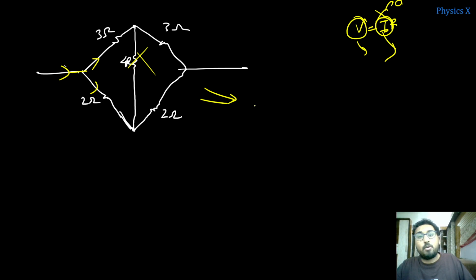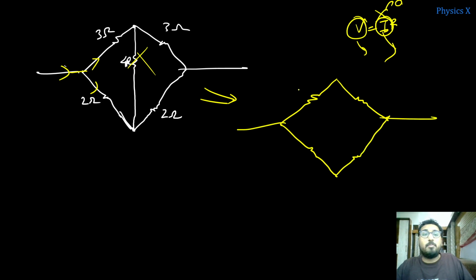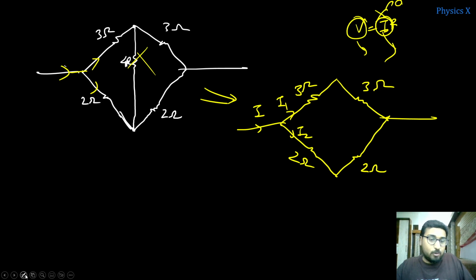So simply you can redraw this circuit like this. So this circuit now becomes like this. No current is flowing. This is I, this is I1, I2. Now if you redraw and reduce this combination, what will it look like?